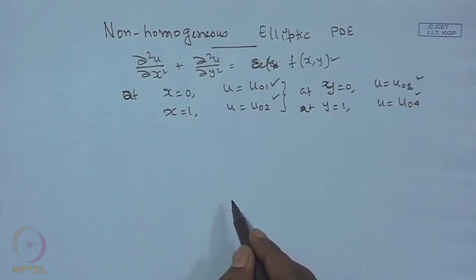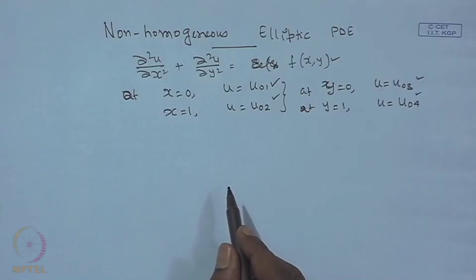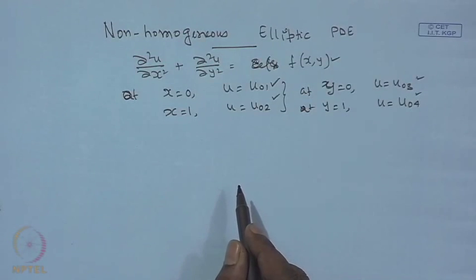We first constructed the causal Green's function. We evaluated the causal Green's function using the complete eigenfunction expansion method, and then we evaluated the eigenvalues and eigenfunctions. We had 2 independent eigenvalue problems in this whole problem, one in the x direction as well as in the y direction.